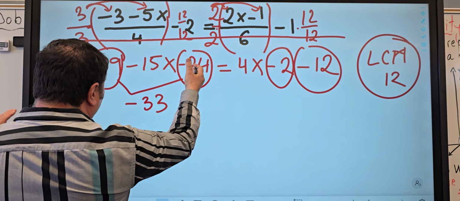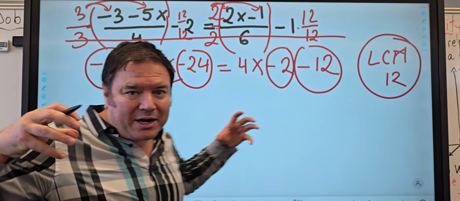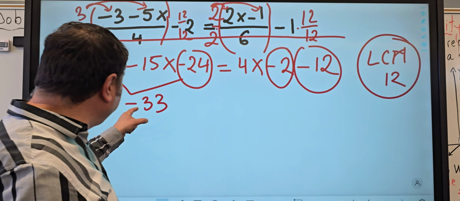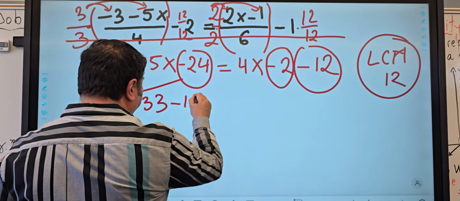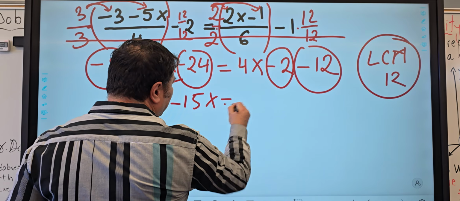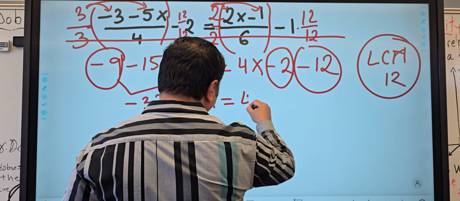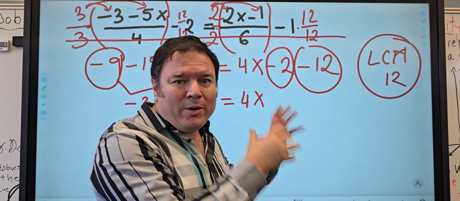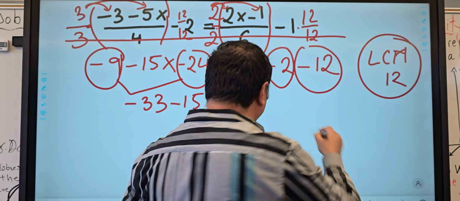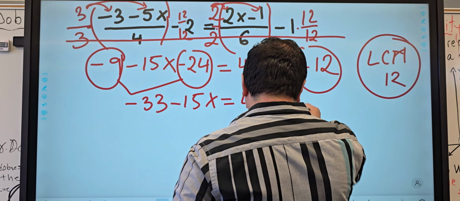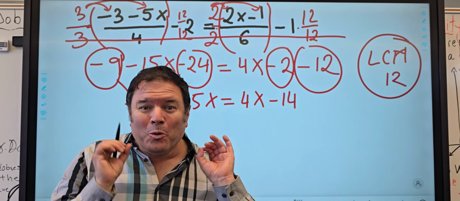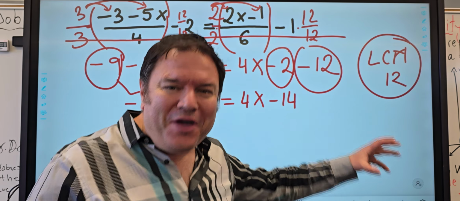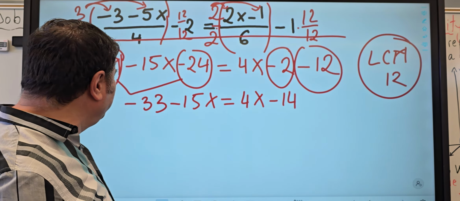Combining them together, we get -33 minus 15x equals 4x, and -2 and -12 becomes -14. And again, we have to get all the variables to one side of the equation.